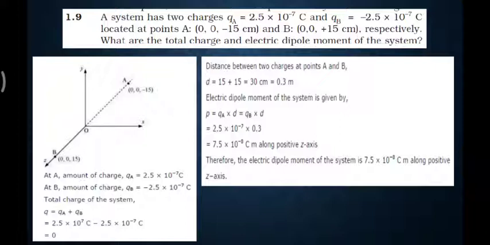The distance between them is 0.3 meter, since 30 centimeter is 0.3 meter. The answer for the dipole moment is 7.5 × 10^-8 coulomb meter, because it is Q times D. Okay, this is what we have in 1.9.